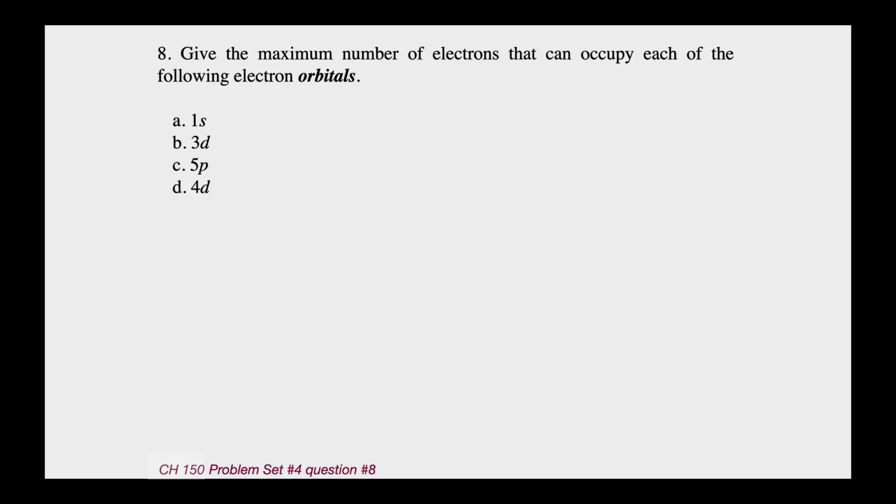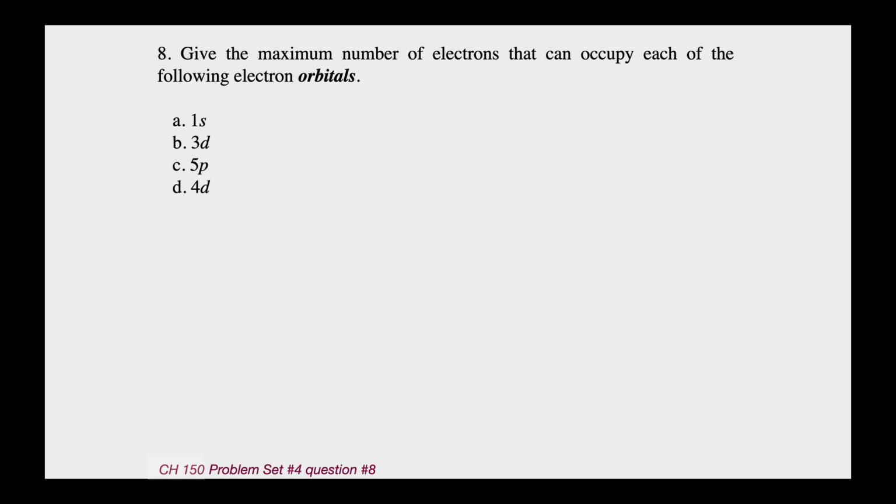This question looks very similar, but notice that it's asking for the maximum number of electrons in an orbital. Now, 1s we saw earlier was 1 orbital, and P's, C down there, we saw had 3 orbitals. We took the number of orbitals and multiplied it by 2 to get the electrons.